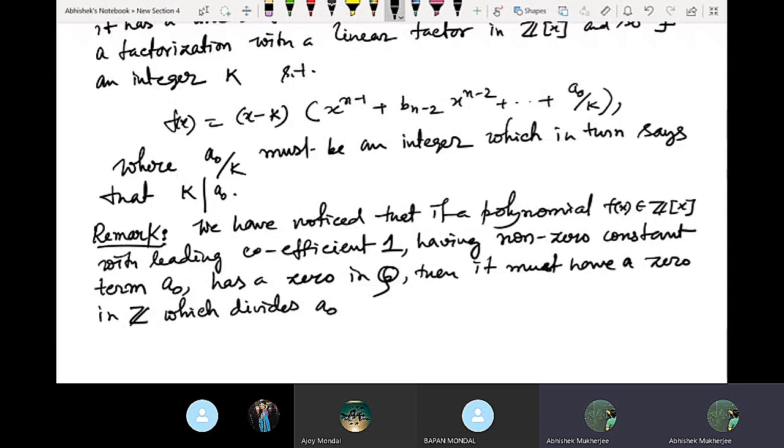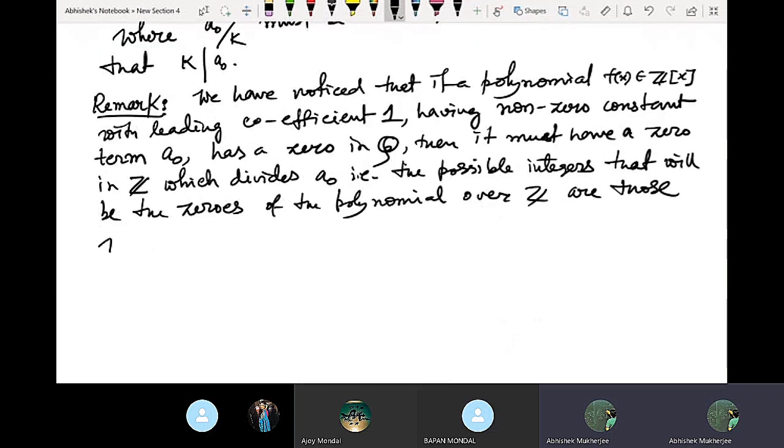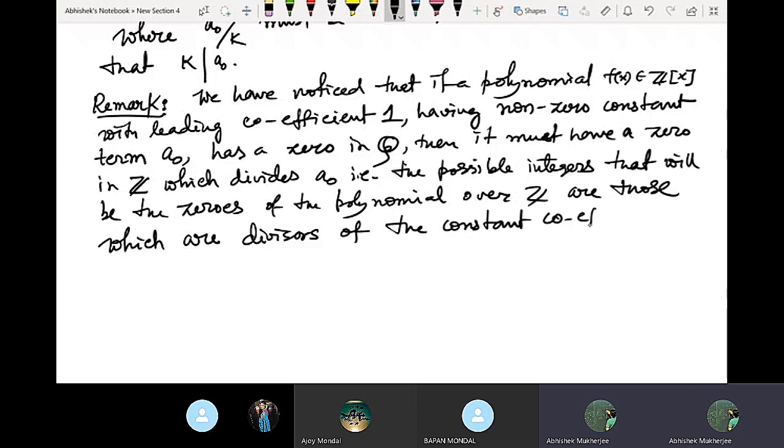That is, the possible integers that will be the zeros of the polynomial over Z are those which are divisors of the constant coefficient a0.